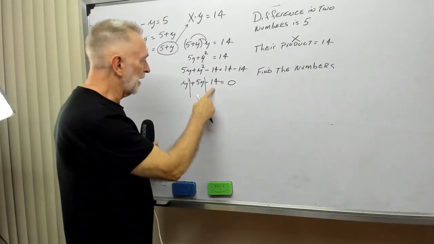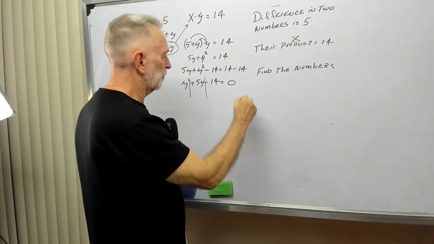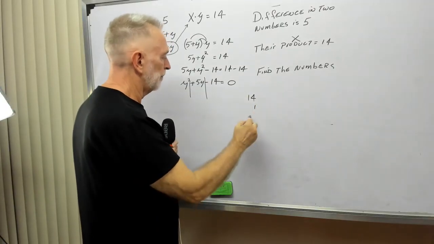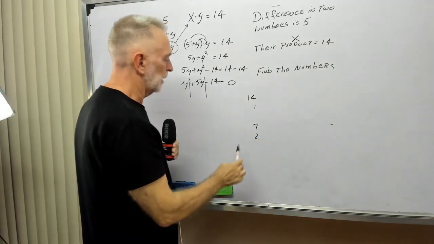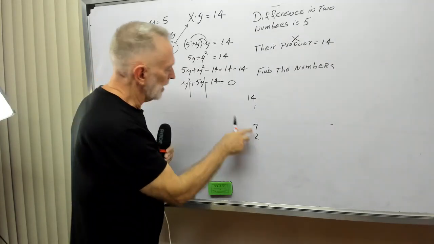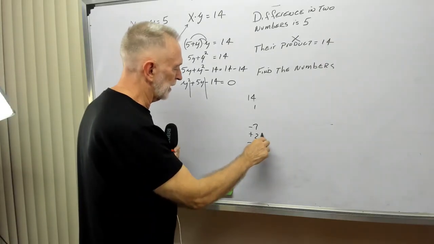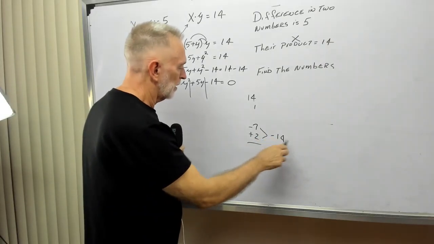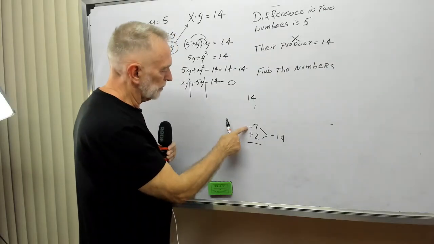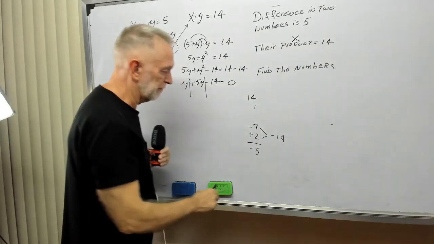So what are the factors of negative 14? Well, let's just say 14 for the moment. That's 14 and 1, 7 and 2. Oh, hey, look at this. If I have a negative 7 times a positive 2, that gives me a negative 14. But when I add those together, negative 7 plus 2 gives me a negative 5.